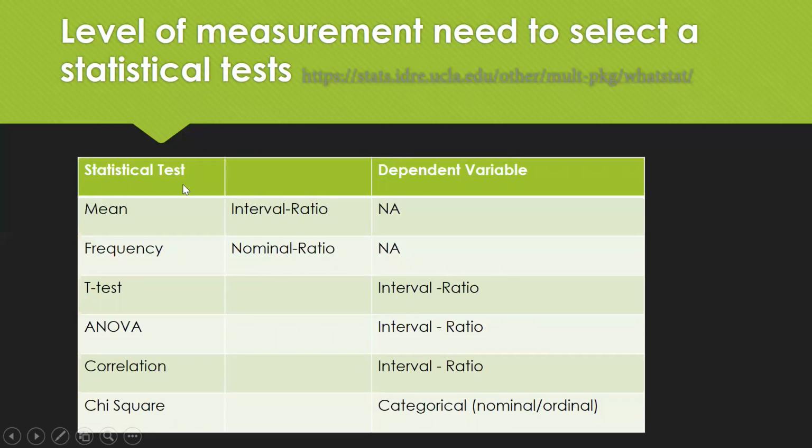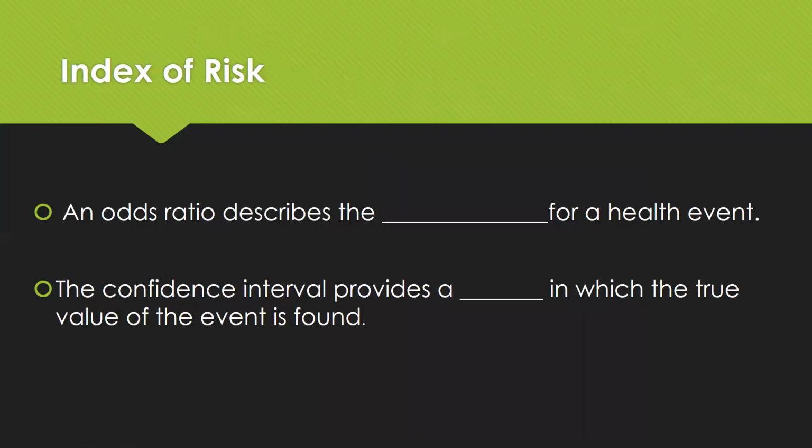Instead, it's in this ratio. A mean, of course, we can't calculate a mean on categorical data. It needs to be interval or ratio, whereas a frequency, we can take nominal and categorical data and report them as frequencies. So just wanted to sensitize you to that again, about those types of data.